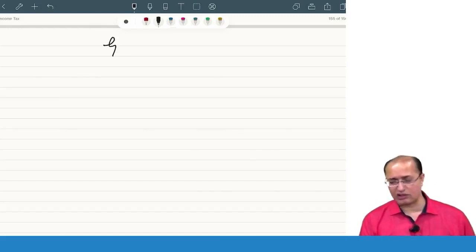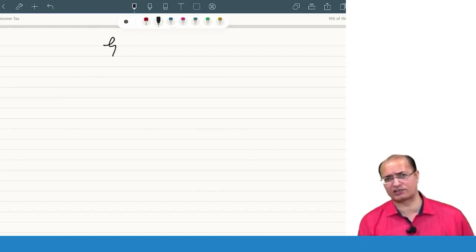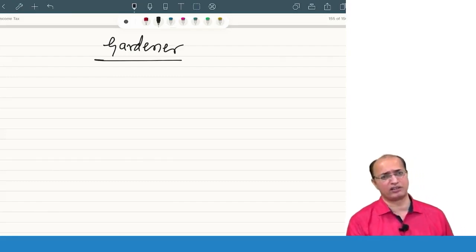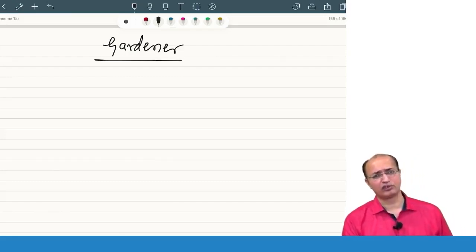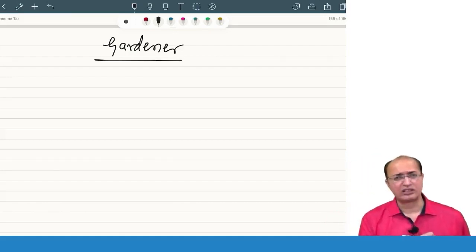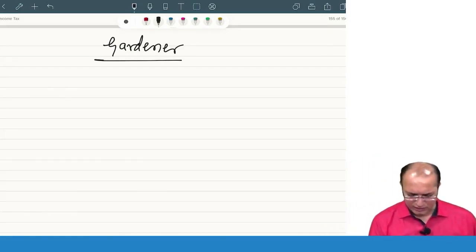See, domestic servant facility is separately taxed in 17(2) clause 3 as well as 17(2) clause 4. Wherever it is covered, domestic servant facility is separately taxed. And you know that a gardener is also a domestic servant, so the gardener facility will also be taxed. But the government says that there are two possibilities.